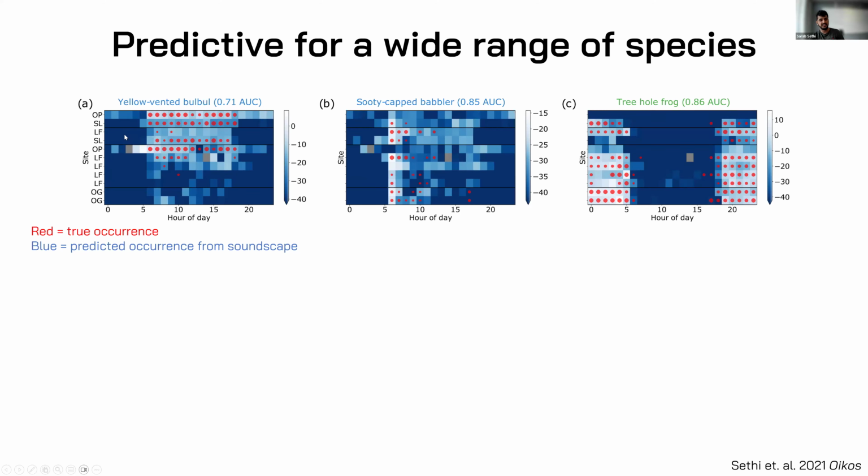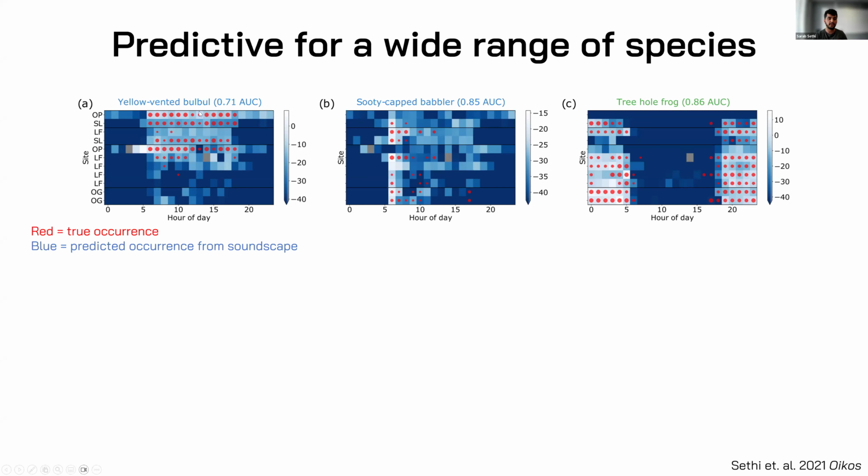And in blue, what we see are the predicted occurrences or probabilities of occurrence from the soundscape approach that we devised. And you can see that using soundscapes as a habitat suitability indicator gave us very good predictive capacity as to where we could expect the species to be.